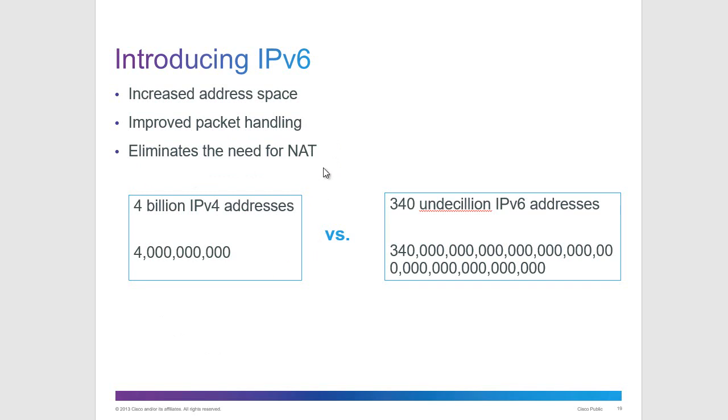It eliminates the need for network address translation, because with IPv4 you've got private addresses and public addresses. You will no longer have those private addresses and public addresses with IPv6. With IPv6, everyone will just have a unique address. Every device will have a unique address because we aren't concerned with running out of them. So those are those 3 items there. We'll move on down.